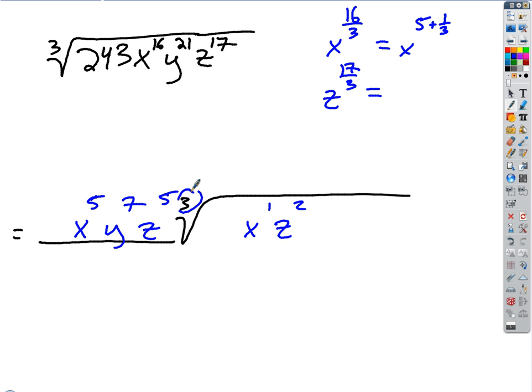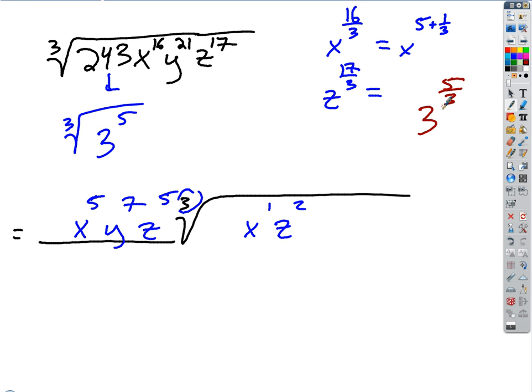It's really easy to find. 3 to the 4th is just 3 squared squared, so 3 squared is 9, squared is 81. Then 3 times 81 is 243. So we could rewrite that as 3 to the 5th. So what we've got here is the cube root of 3 to the 5th. That's 3 to what power? 5 thirds.